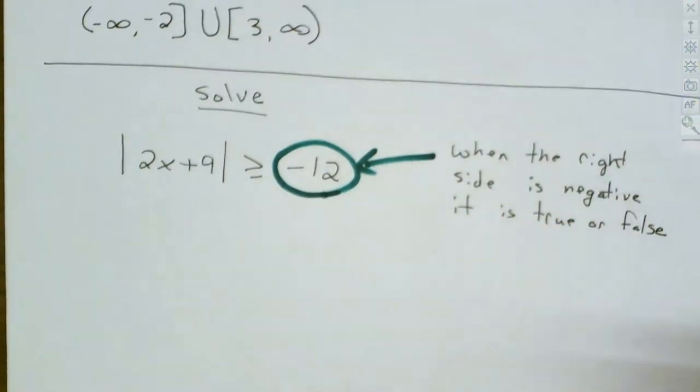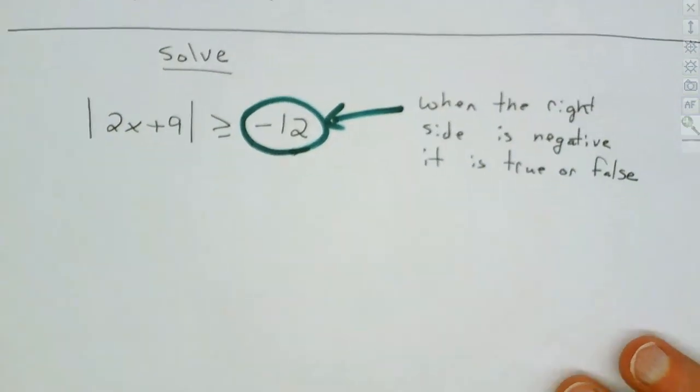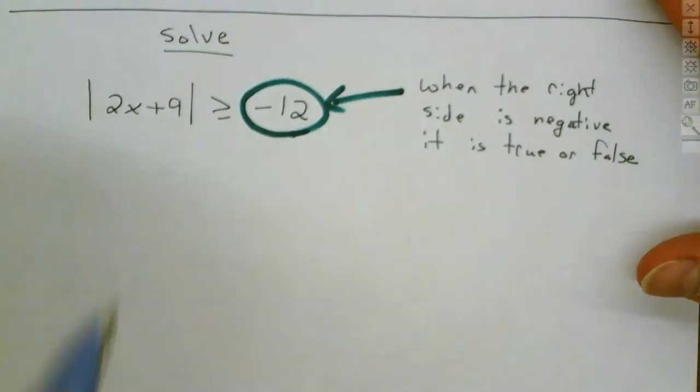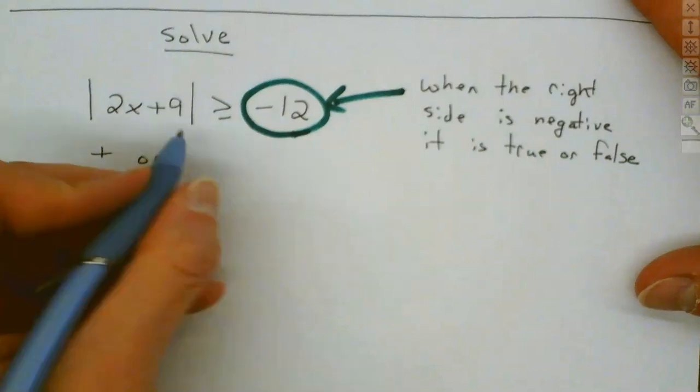Just like we talked about earlier today when we did the squares: when we square a negative, it becomes positive, and 0 stays 0, so they're always positive or 0. Well, what happens with an absolute value? If it's a negative, it becomes positive, and the absolute value of 0 is still 0. So we look at this as positive or 0.